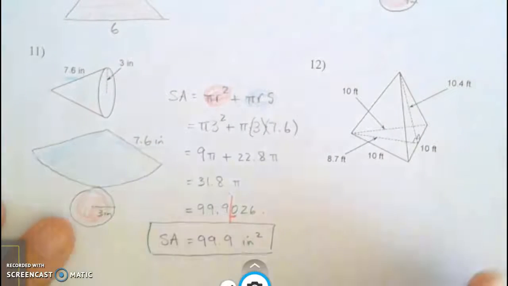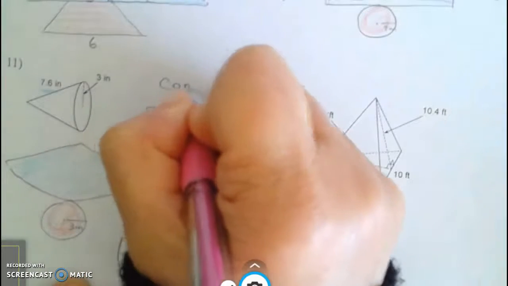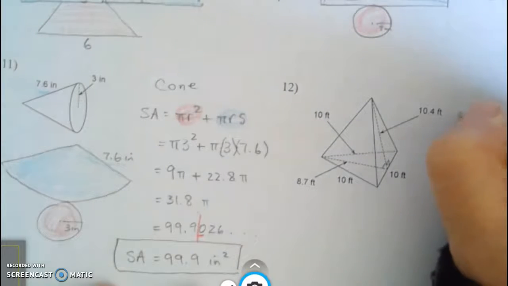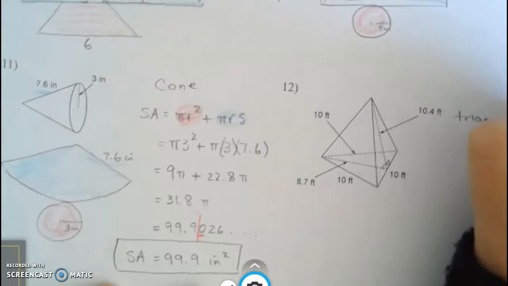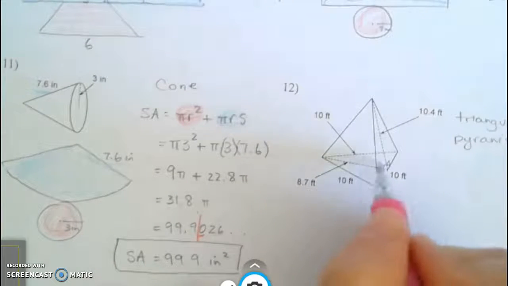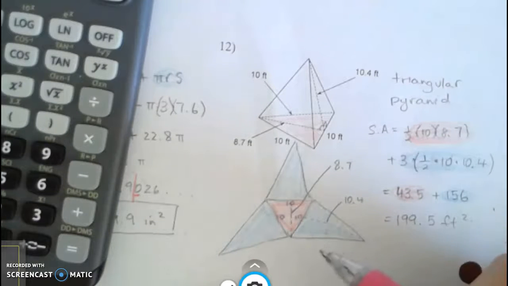Okay, now what else? Okay, last one. What shape is this? Oh, by the way, this is a cone, and this is a pyramid. It's a triangular pyramid. Okay, so given that each of the faces is a triangle, in that case, given the time, I'm going to go through really quickly.